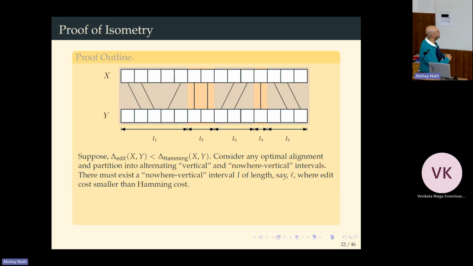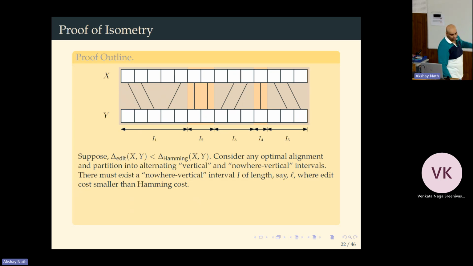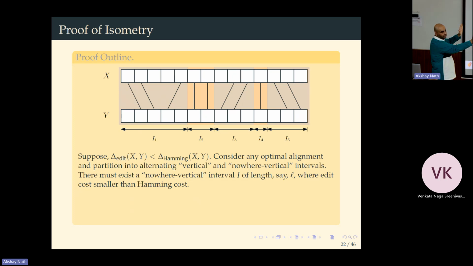Okay, suppose it's not the case. So suppose that there are some 2 strings x and y, such that after the embedding, the edit distance is less than the Hamming distance. Okay, let's fix them, x and y. And now what I will do is partition the length of the string into intervals. There are vertical intervals where everything is a vertical match, and then there are things where there is no vertical match.